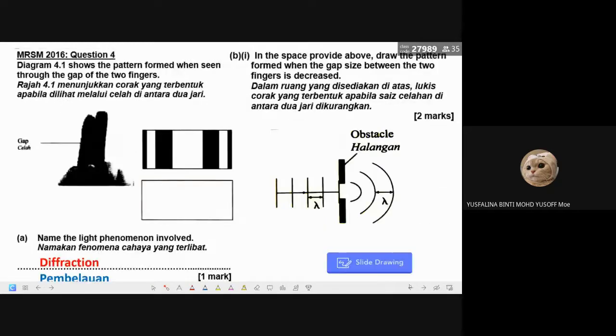So remember when you saw the video just now? When they increase the size of the slit, the bright fringes in the middle become narrow. Here it says decrease the size of the slit. So of course the size of the fringes in the middle will increase.